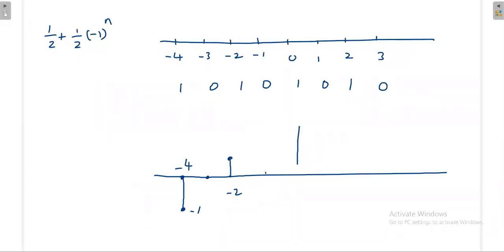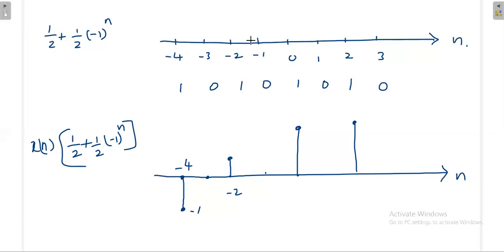At 0, we are having plus 1. And again at 1, no sample. Again at 2, we are having plus 1. So this is the final answer, because we have to multiply this with our original signal x of n. This is the value of this one. This is the final answer.